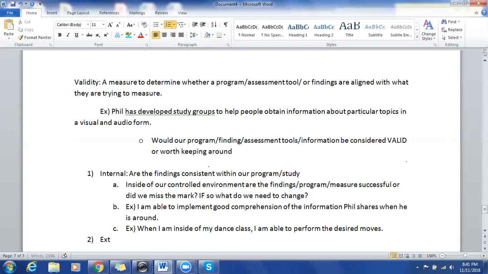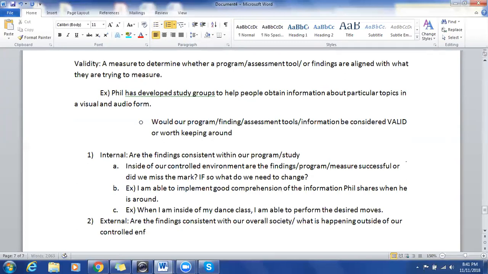So then we get into our external, and this is, are the findings consistent with our overall society, or what is happening outside of our controlled environment? And a word that we often throw around here is generalizability.